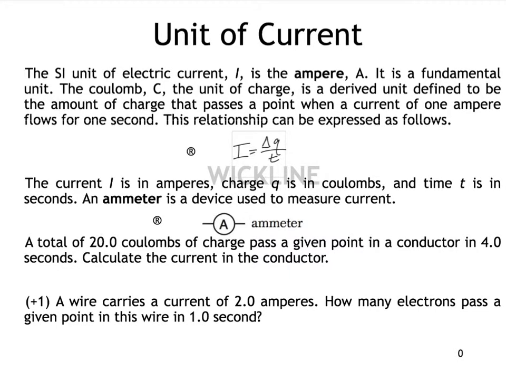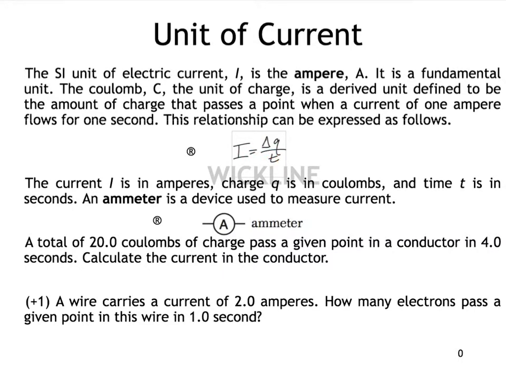So the first thing I'd like to introduce involving current is its unit. The quantity or the symbol that we use is a capital I. I'll explain that in a minute. But the amp is the unit for current. So like here's an equation for current. This I is saying that current is equal to the change in charge, which is going to be measured in coulombs, over time.